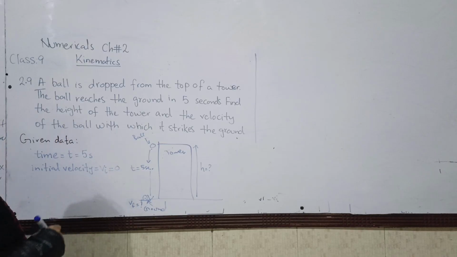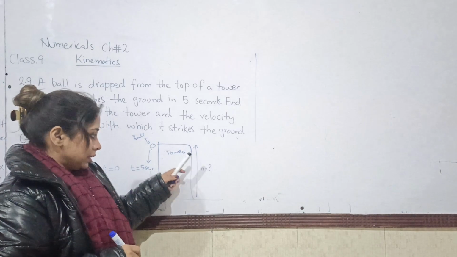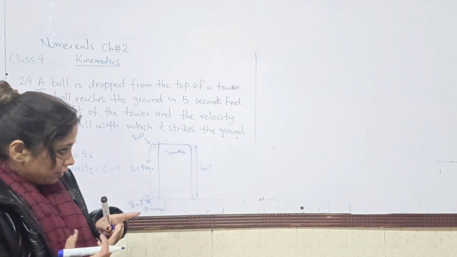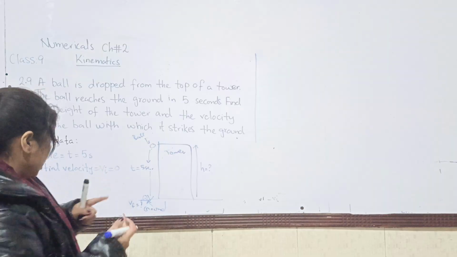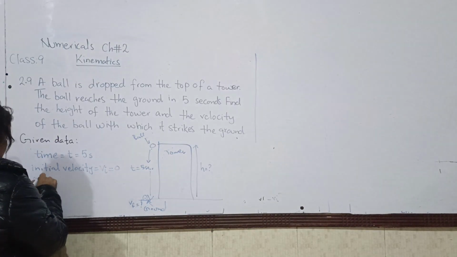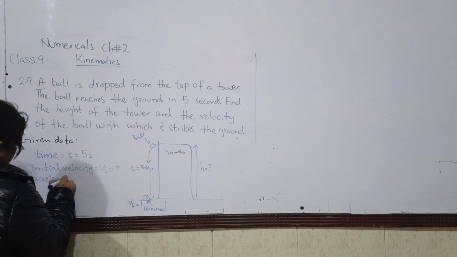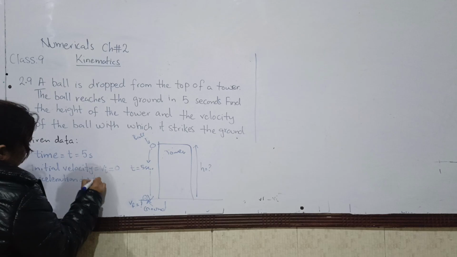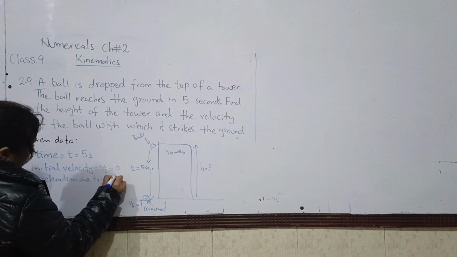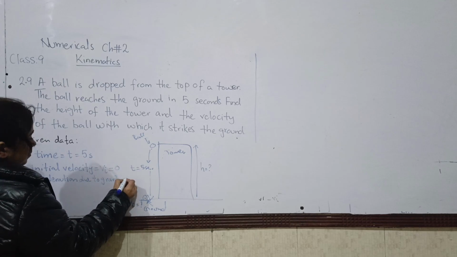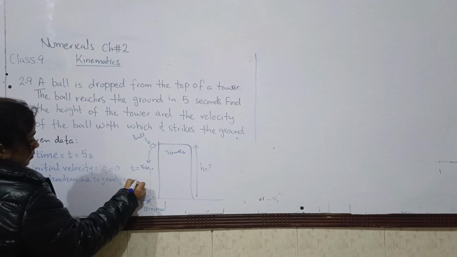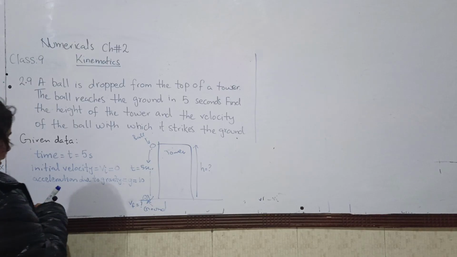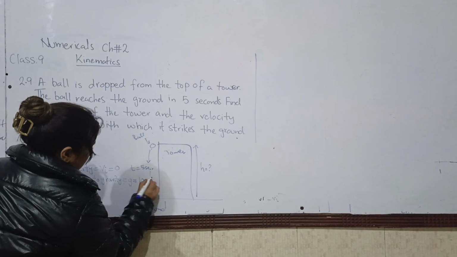And as we have to find the height, there is gravity, acceleration due to gravity. That is g, and its value is 10 meter per second square. I hope it is visible.